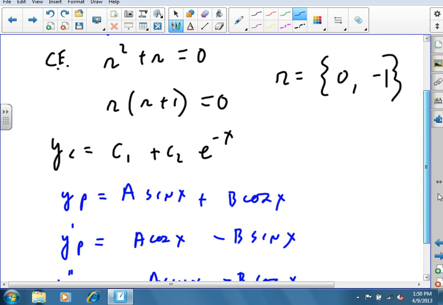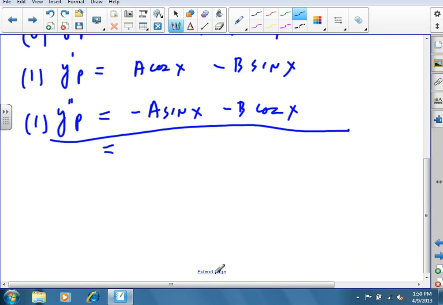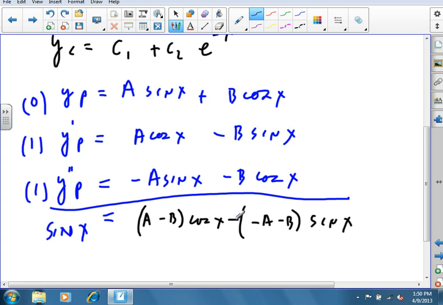And I've got one of these, one of those, and 0 of him. When I get done, I want to have sine x on the other side. So I've got a minus b cosine x, and then minus a minus b sine x on one side of the equation, and on the other side I just have sine x.